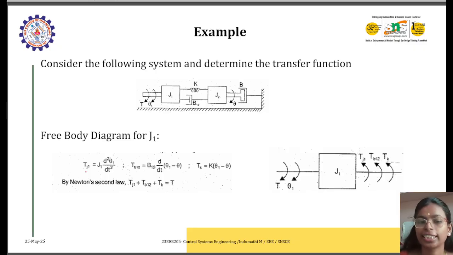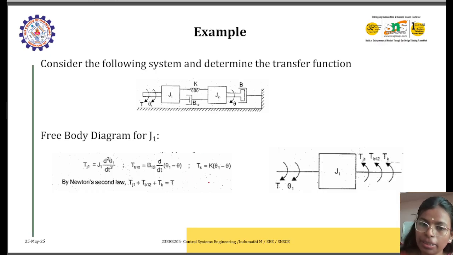Now we have to calculate the opposing torque of these three components. As we have previously discussed, the opposing torque for the moment of inertia is TJ1 equal to J1 times d squared theta 1 by dt squared. For the opposing torque of B12, see that B12 is connected between these two displacements, so keep that in your mind.